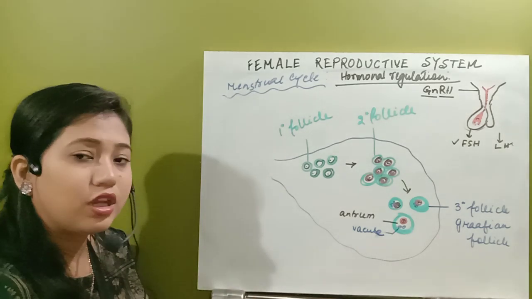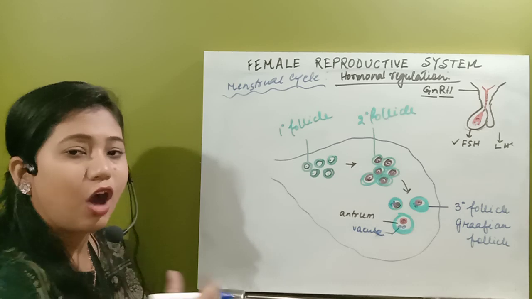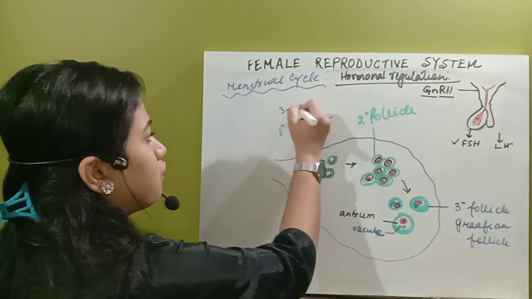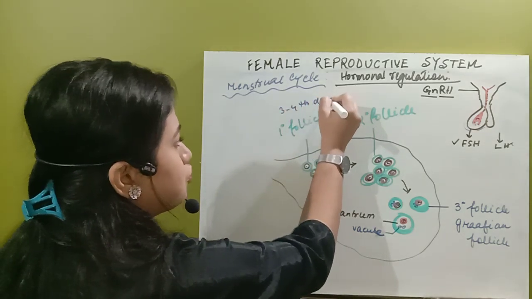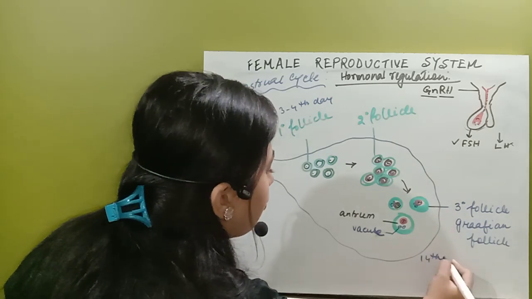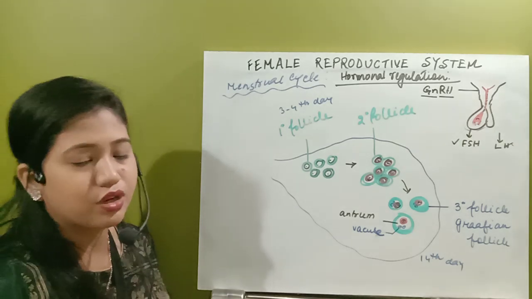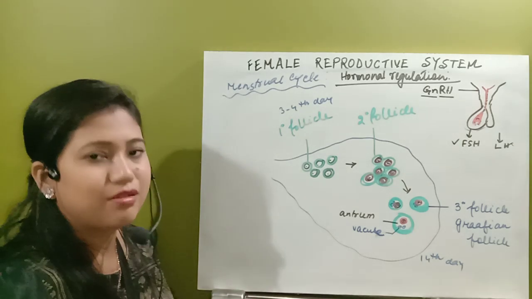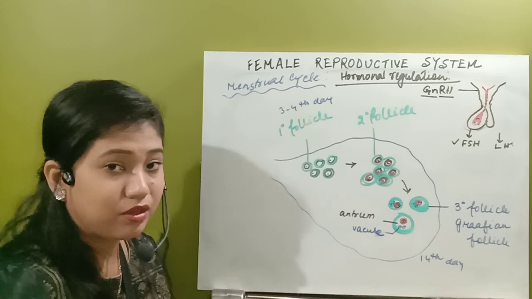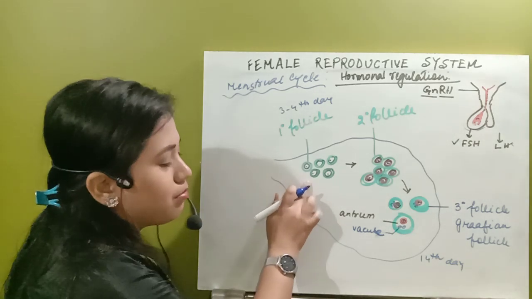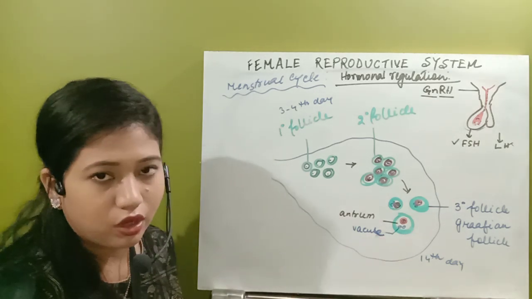So the follicular phase requires how many days? From the 3rd to 4th day up to the 14th day. So within roughly 10 days, it can be decreased or increased also, it develops from primary follicle to tertiary follicle.